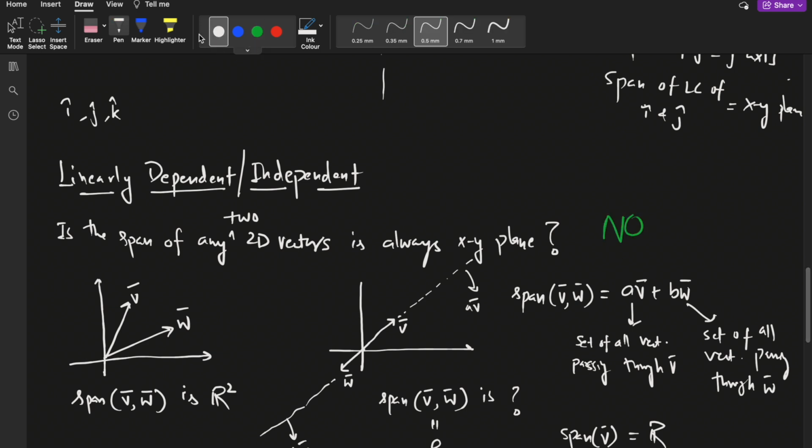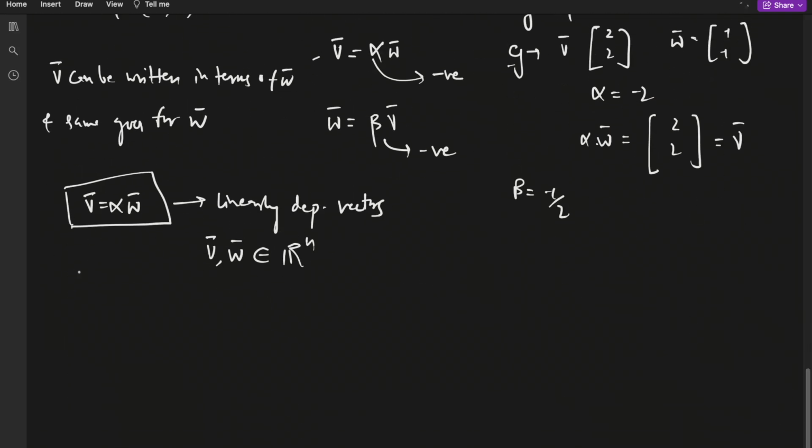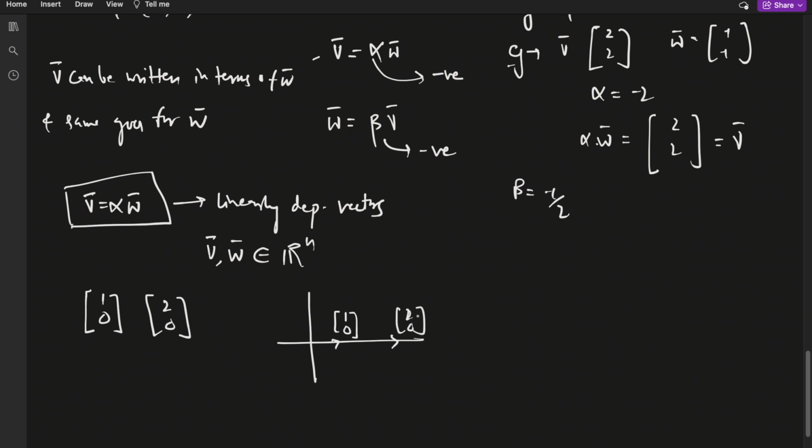Why so? Because what if I take these two vectors? Let us suppose I take the vectors 1 comma 0 and 2 comma 0. So this is 1 comma 0 and this is 2 comma 0, right?